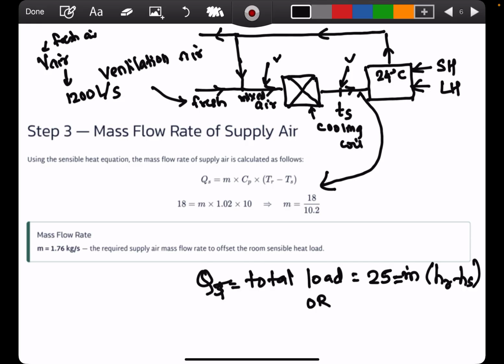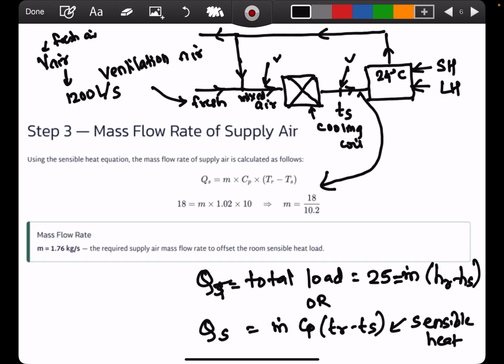Or what you do is that you take only the sensible component, QS is equal to m dot into Cp into TR minus TS. Both these are correct because here we are only writing the formula for sensible heat, and here we are writing the formula for total heat.